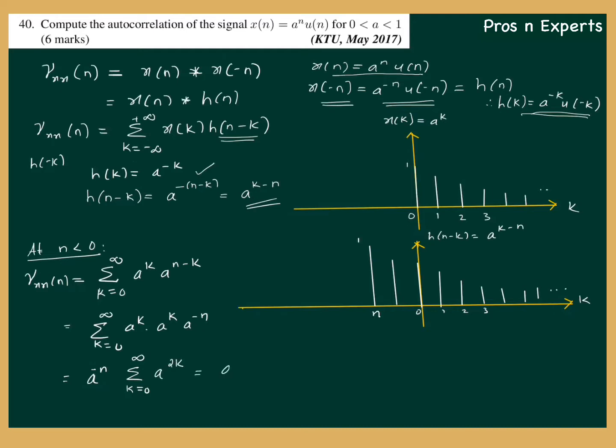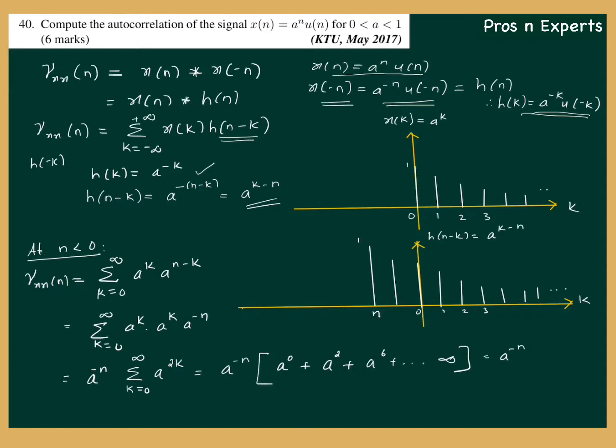This is equal to a raised to minus n into, how can you expand this summation? Put k equal to 0 first, so a raised to 0, plus, for k equal to 1, it becomes a raised to 2 into 1, that means a square, plus a raised to 6 for k equal to 3, plus etcetera, and goes to infinity. What is the answer for this? This is a raised to minus n into an infinite GP with the first term 1, a raised to 0 is 1, and common ratio a square.